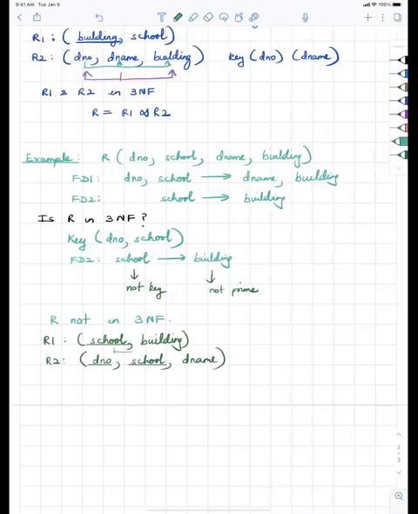So here we have these two determine this. So now R1 and R2 are in third normal form. And then R, the way we divided it, will be equal to the join of R1 and R2.